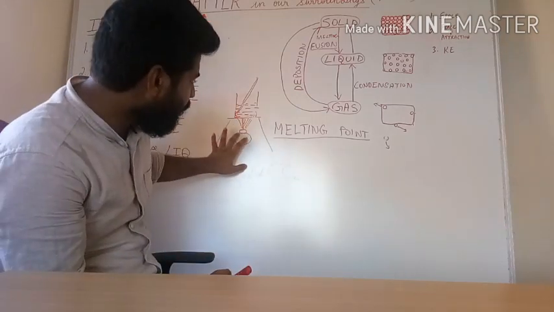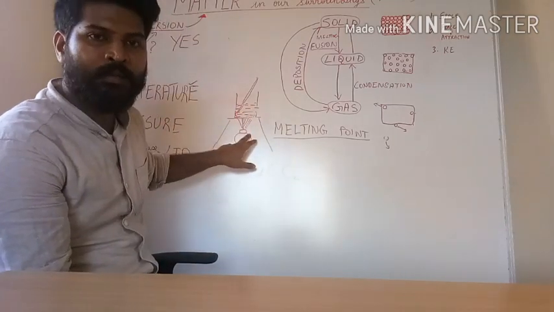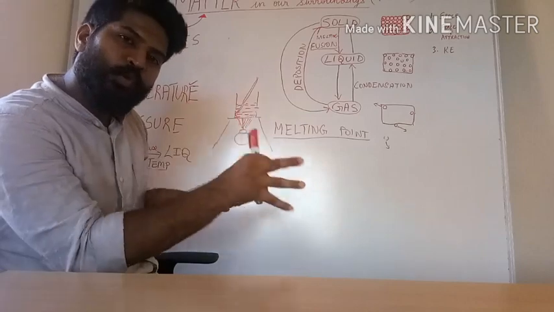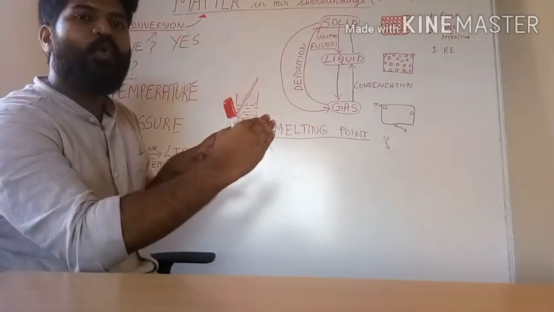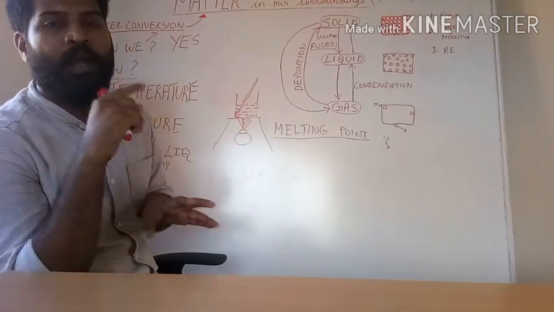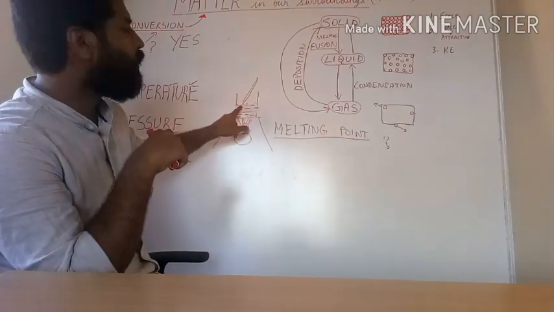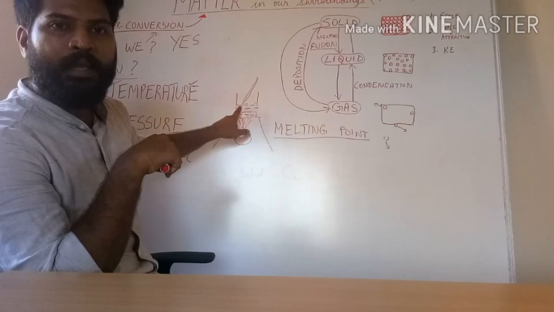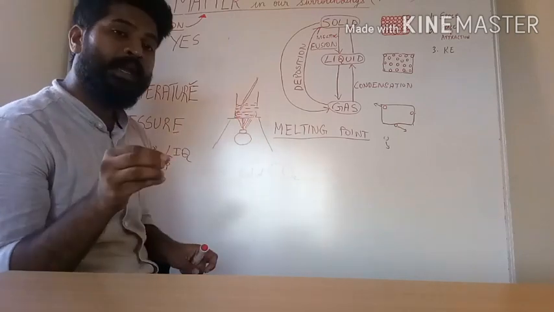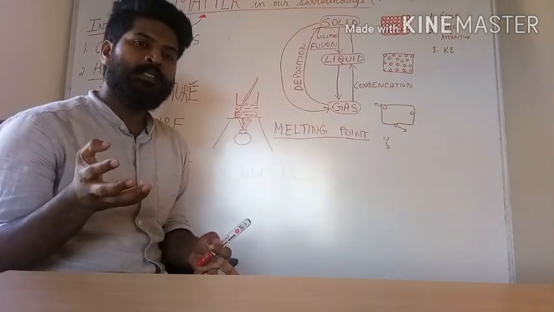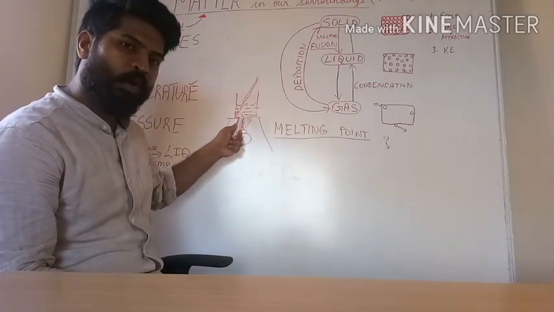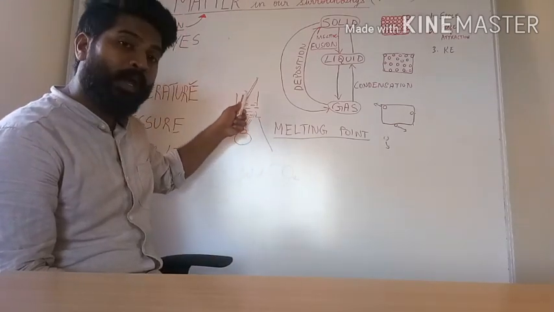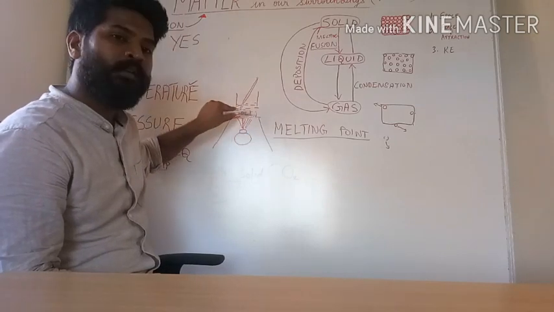So all the heat that we are supplying is used up to break the force of attraction, and that is the reason why temperature is not increasing in the thermometer. This heat, in a way, is getting hidden. We are supplying heat, but it is not showing as a change in temperature. Why? Because it is hidden.